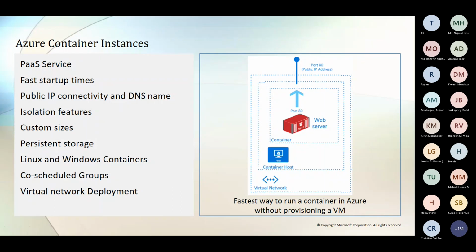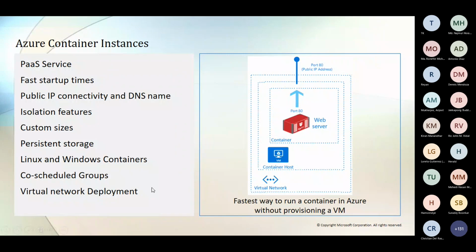Linux and Windows containers are both possible. Co-scheduled groups: there is scheduling, how you deploy or create scheduling. And virtual network deployment is there. Suppose you want to create a virtual network, then you can deploy this too. So this is also possible.